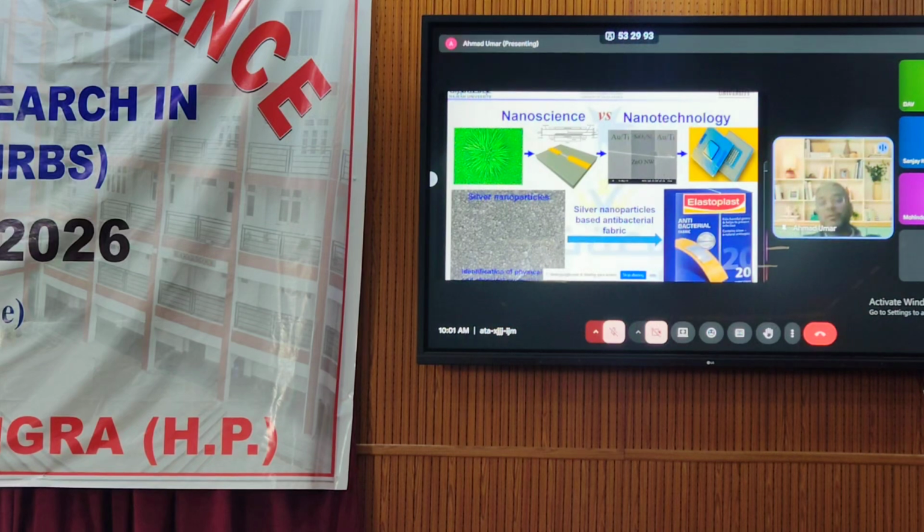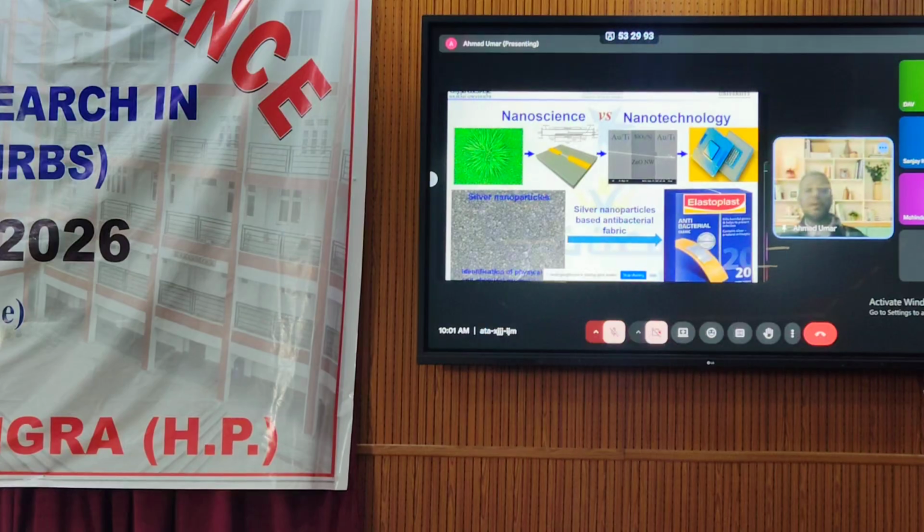For example, if we grow the nanomaterial of a specific material and utilize it for a specific application, then it is a technology. Once we apply our why to how, it is a technology.